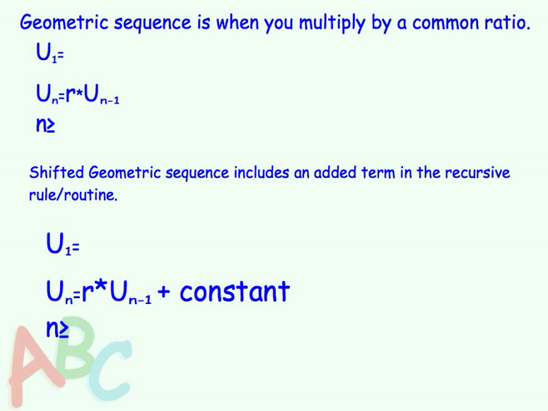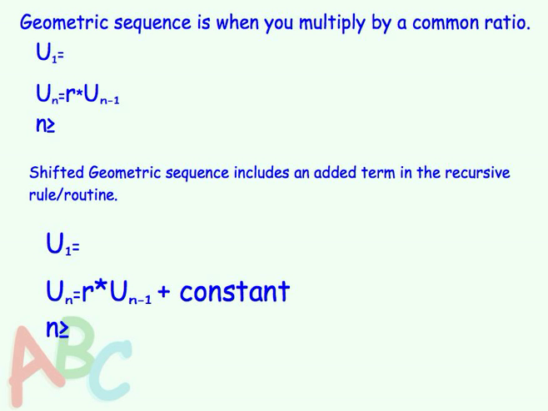A geometric sequence is when you multiply by a common ratio. So again, the recursive rule is that u sub 1 or u sub 0 is equal to something. U sub n is going to equal the common ratio times u sub n minus 1, where n has to be greater than a certain number, usually 2. A shifted geometric sequence is the one that we explored yesterday, during the Skittles investigation.